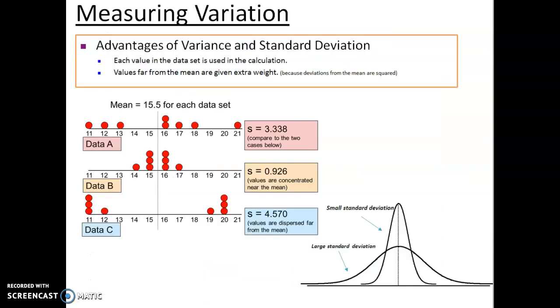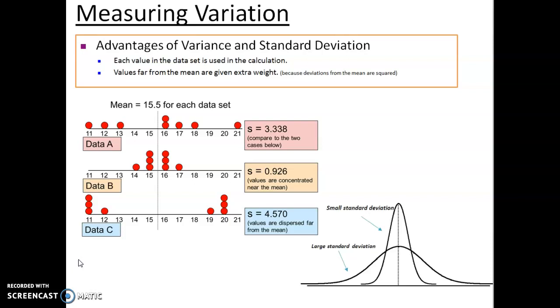The other reason that we square our deviations from the mean is because it's going to give more weight to values that are furthest away from the mean. And this has to do with how exponents work. If you take the square of 1, it's 1. But if you take the square of 2, it's 4.